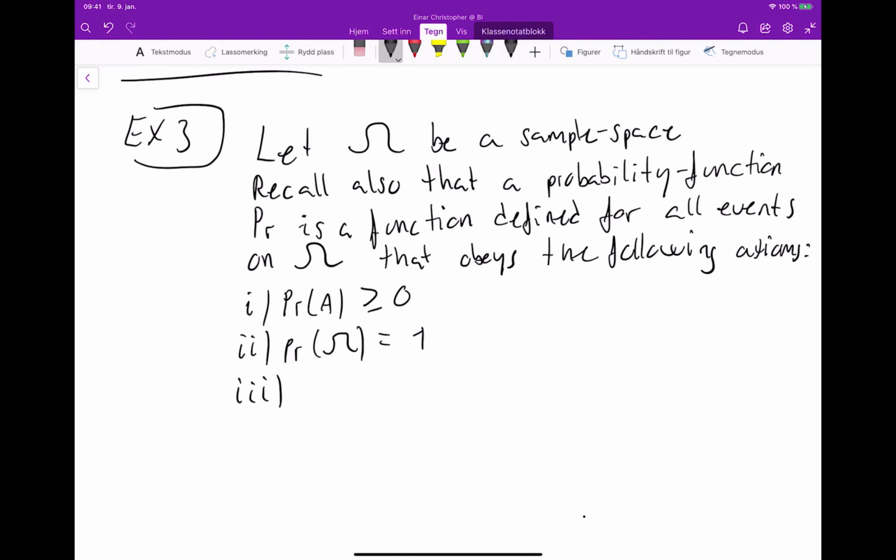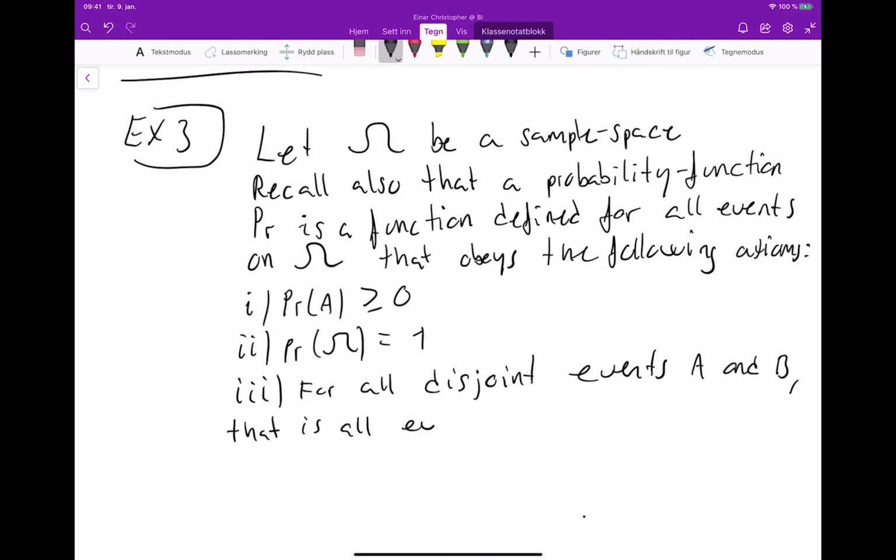And III, for all disjoint events A and B, that is all events A and B such that A and B is empty, nothing common.